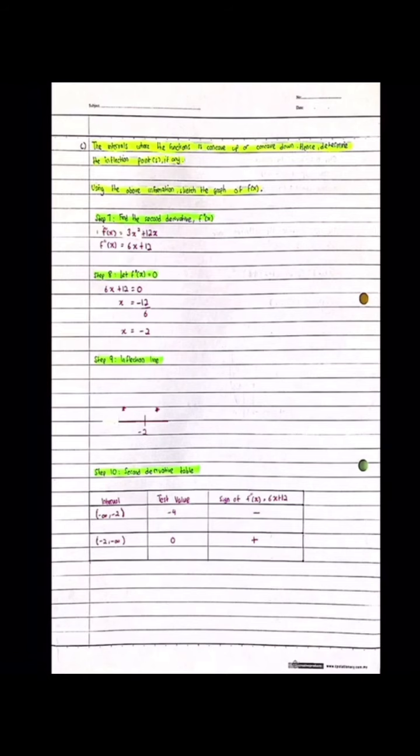When the interval is negative infinity to negative 2 and we put a test value of negative 4, we get a negative sign for f double prime x equal to 6x plus 6. And when the interval is negative 2 to infinity and the test value is 0, we get a positive value for the sign of f double prime x equal to 6x plus 6.